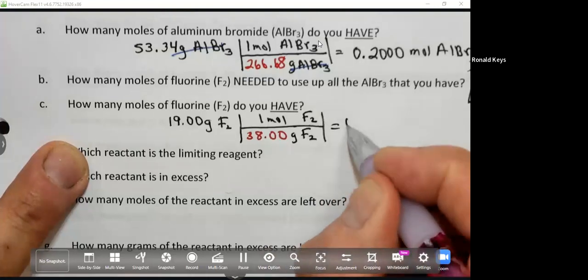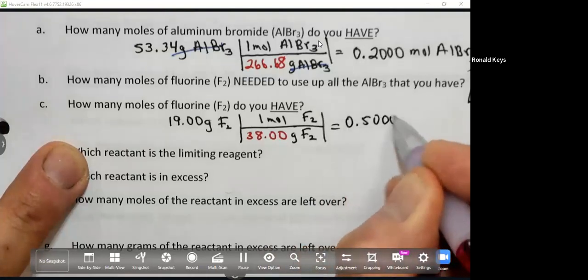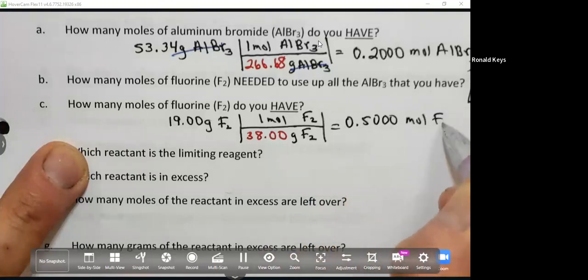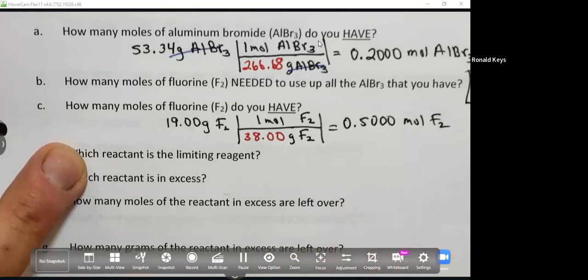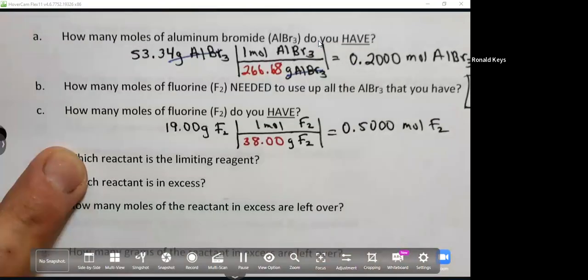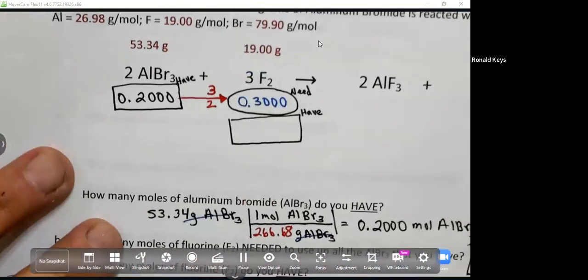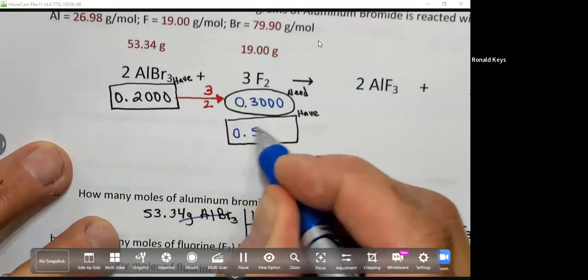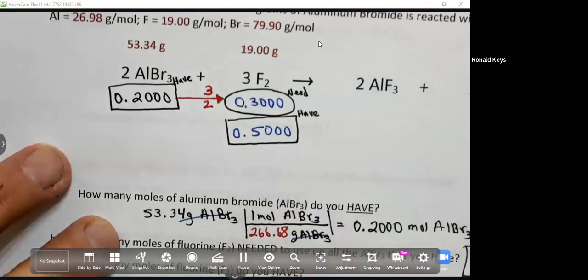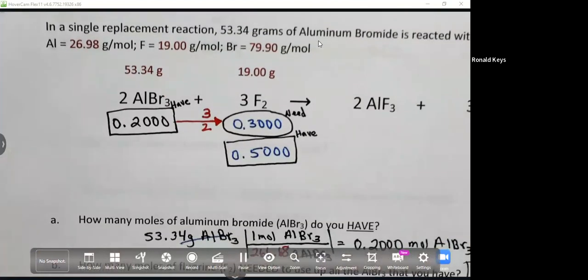So 0.5000 mole. So we can go up here and put that in. They're canceling out. I'm happy about that. Do we have enough? Do we have too much? We got too much, right?